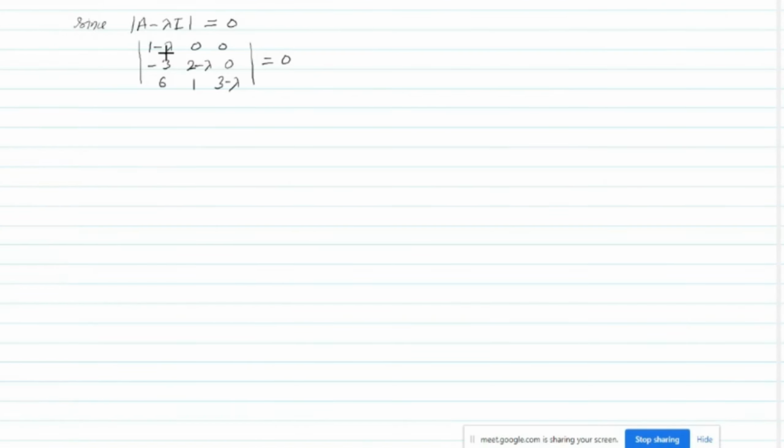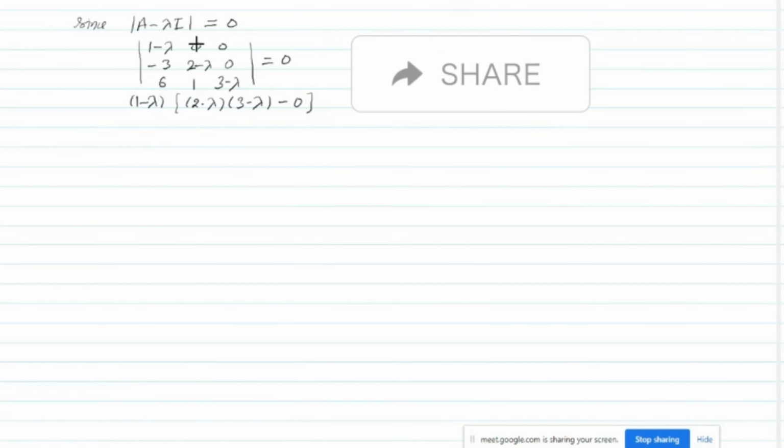Now just find the determinant of this matrix. We have 1 minus lambda, multiplied by 2 minus lambda into 3 minus lambda, and the other terms are 0.